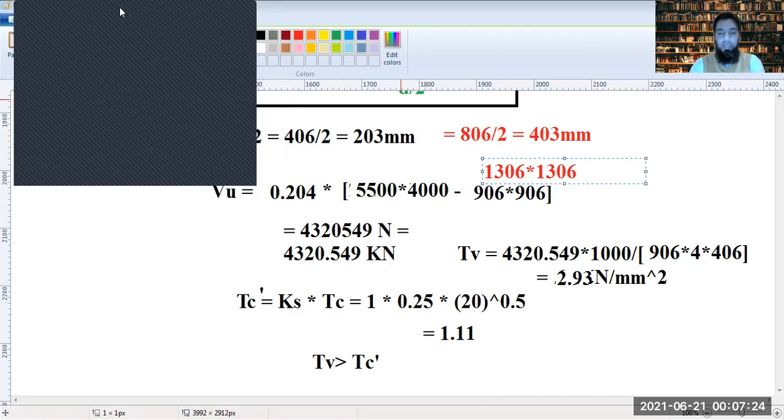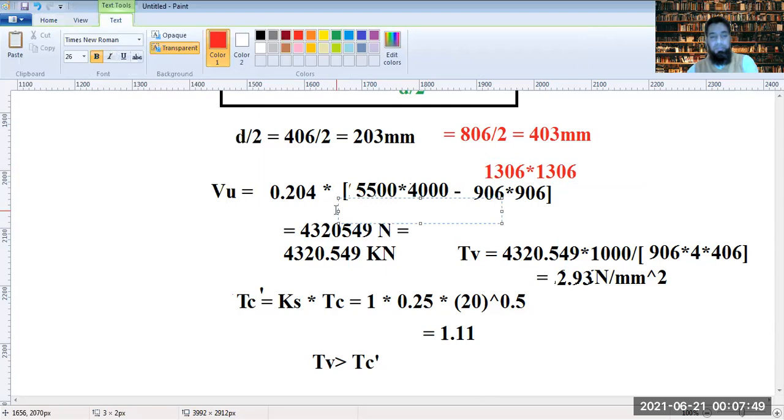Yes, it would be lesser now. 5500 cross 4000 minus 1306 cross 1306 is this much, cross 0.204. That is 4140.050 newtons.